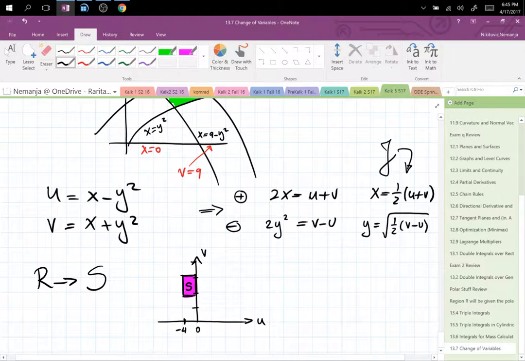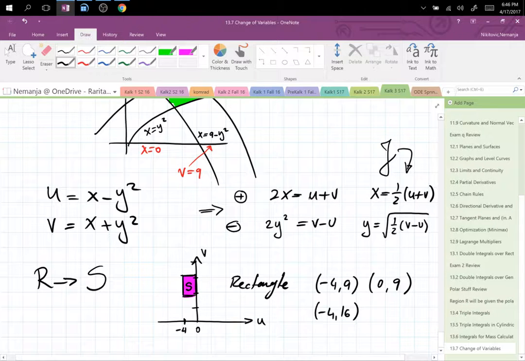That will be S. So region S is the rectangle that has the vertices negative 4, 9, and 0, 9, and then negative 4, 16, and 0, 16. Good. So it's a rectangle.